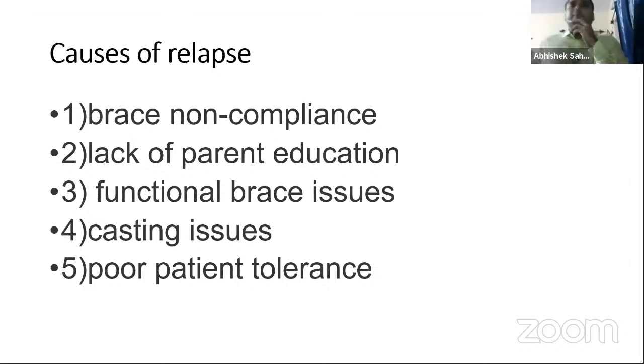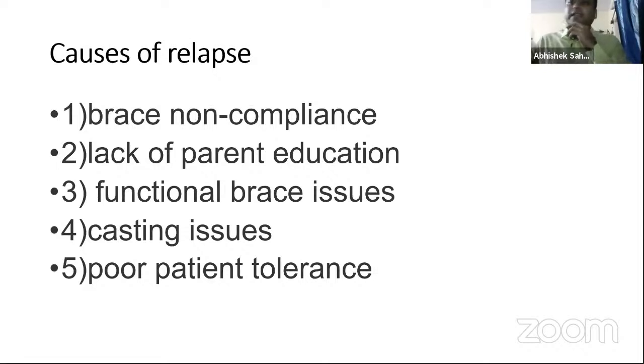Now, causes of relapse, again, there is the brace. We have brace non-compliance, which has been mentioned. Lack of parent education: one of the studies by Goldstein in 2004 has specifically connected that parents who have not been to school have a 10 times higher incidence of recurrence. So this is the second most important factor in the cause of relapse or recurrence, you can say.